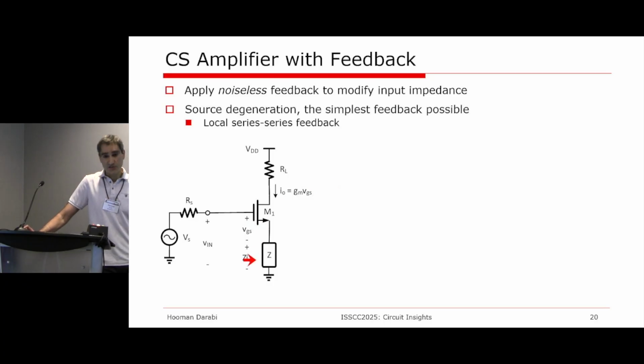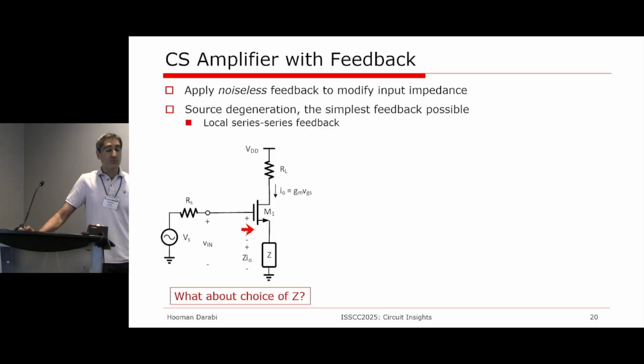Once the degeneration is put back, your VGS is now V in. Subtracted from that is the current at the output sensed by this impedance creates a voltage Z times IO, and that's your VGS now times GM is your new output current. So in a way, this circuitry is sensing a current at the output, is returning a voltage at the input. It's a series or current voltage feedback.